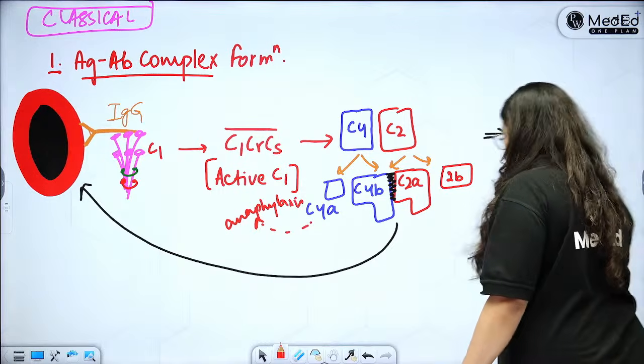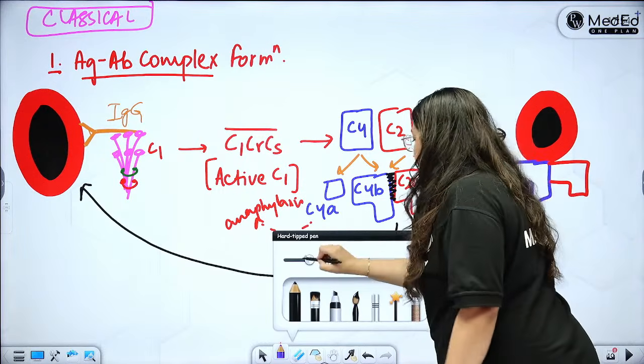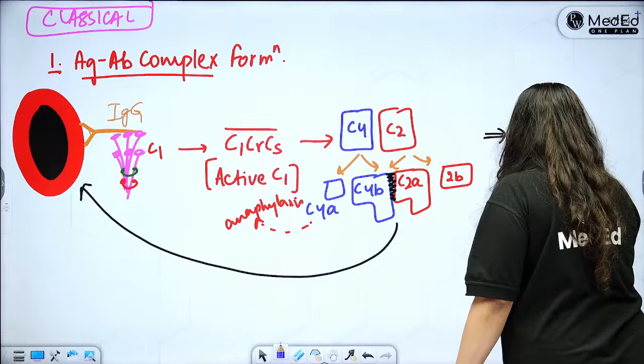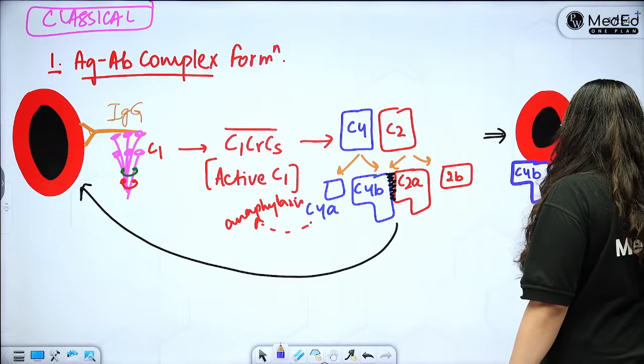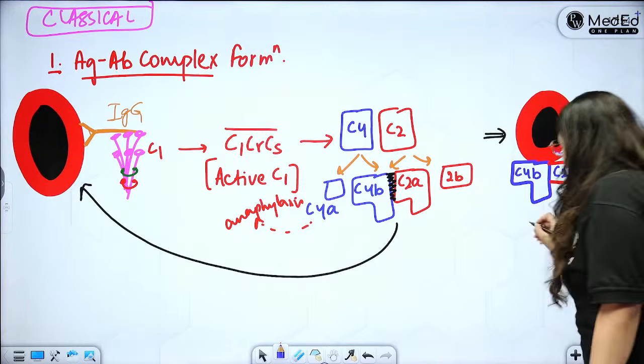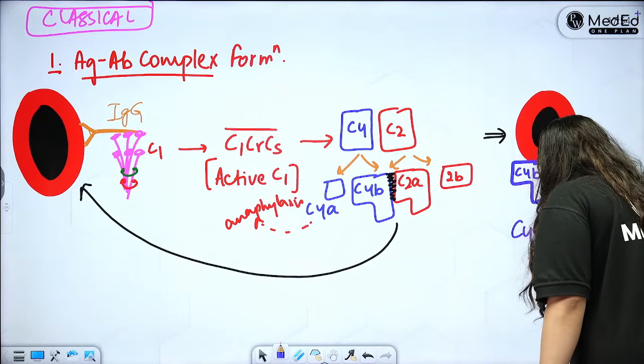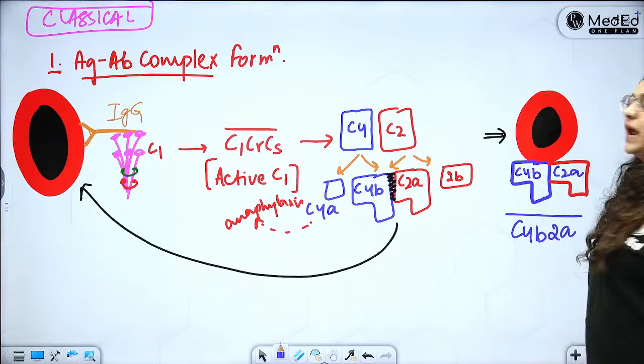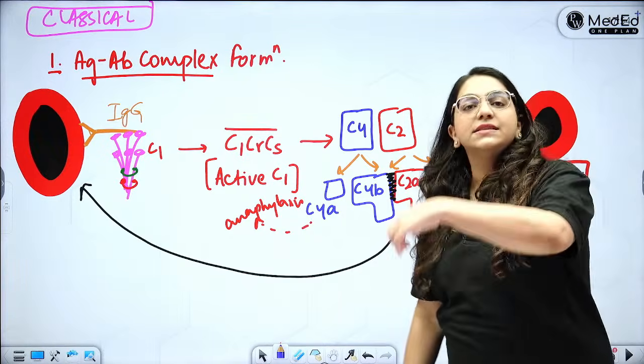What are these two structures? These are C4B and C2A. C4B and C2A have bound. Can I call this C4B2A?